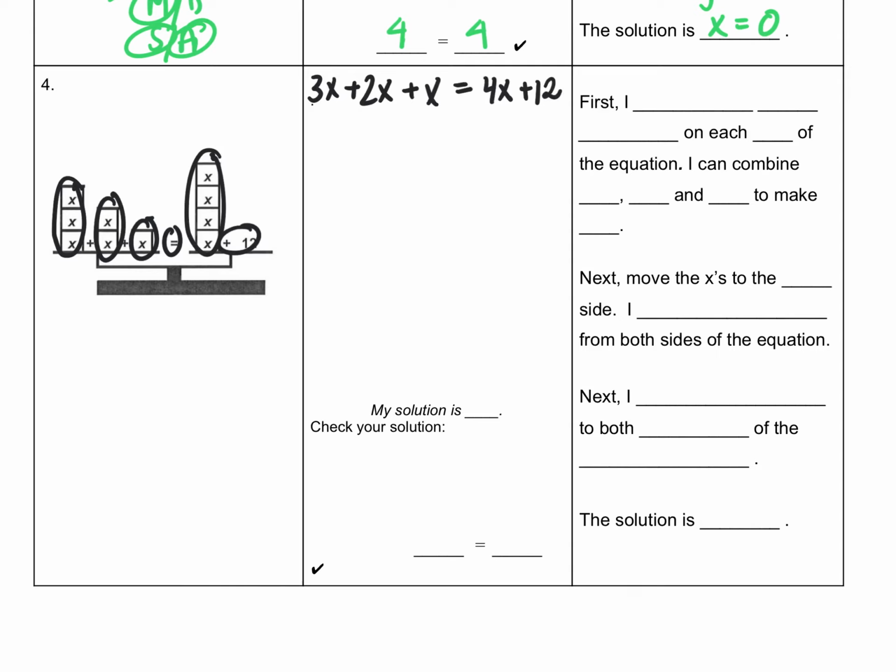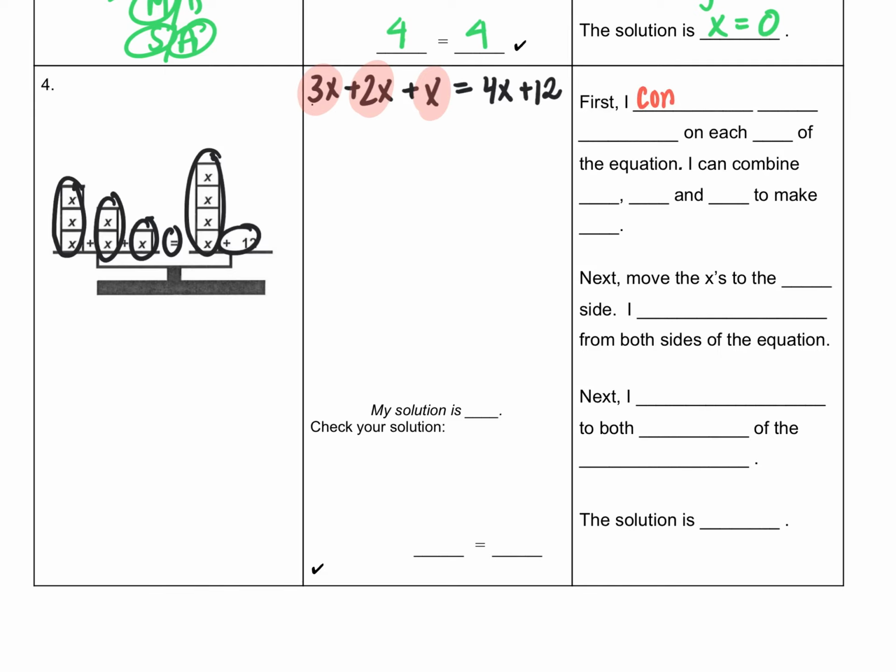So similar to the one that we had up above, we have like terms on one side of the equation. On the left side, we have 3x, 2x, and x, and they're all variable terms. On the right side, we have 4x and 12, but they're not like terms, so we can't simplify that side. But we can combine like terms on the left.